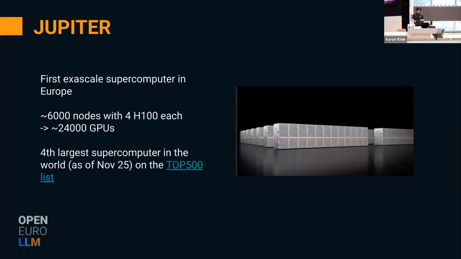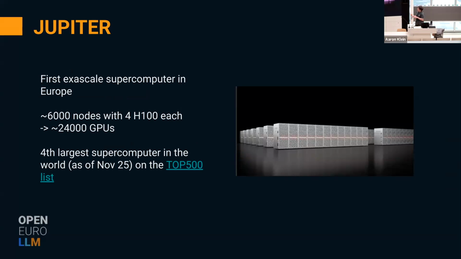One of them is Jupiter, which is now the first exascale supercomputer in Europe. It was supposed to go online last year in October, but they're facing some technical issues. That's why they're probably going to start in summer. We already have access to the machine, not to the entire machine, but enough to let us do some experimentation here.